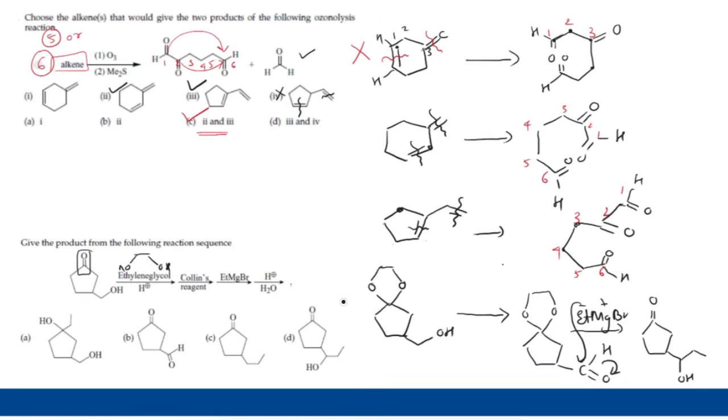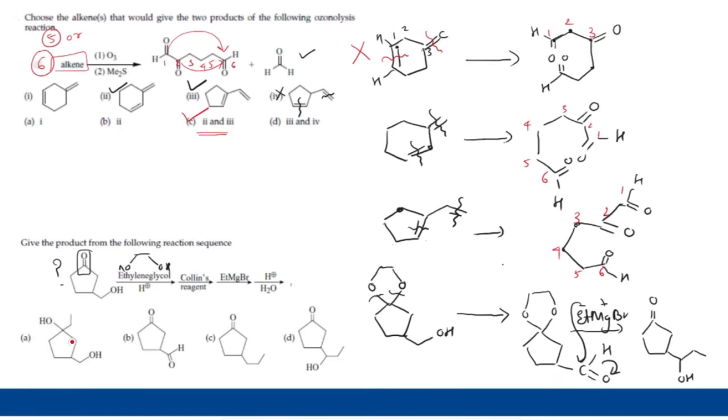It will get deprotected. So this bond will get cleaved and we will get back our ketone. So students, remember, this is a protection, deprotection. Why are we protecting this? So that we can oxidize this to aldehyde and treat this with the Grignard reagent, right? That is our desired reaction, and then deprotect this at the end. So this will be the final product.